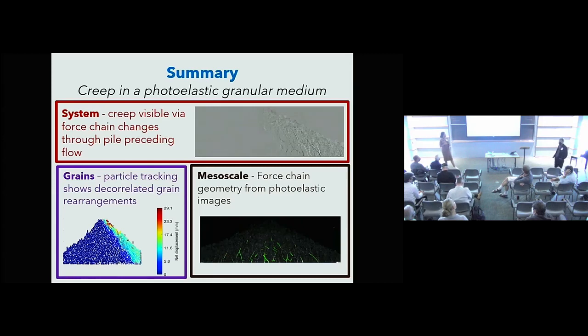One in which I used just a single color to say, are the grains moving or not? But actually the grains at the surface move at a faster rate than those deeper in the pile. And previous experiments and simulations have shown that there is an exponential decay in the mean velocity of that region with depth. Right. Thank you very much.